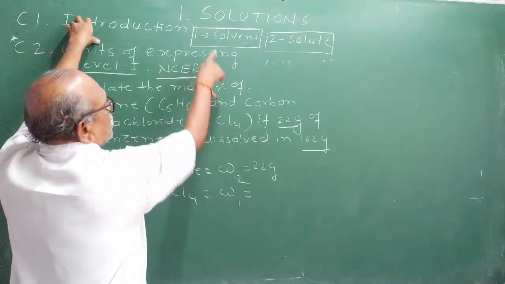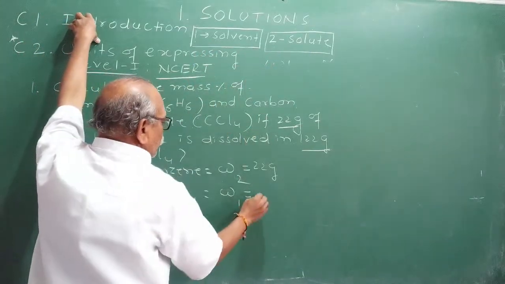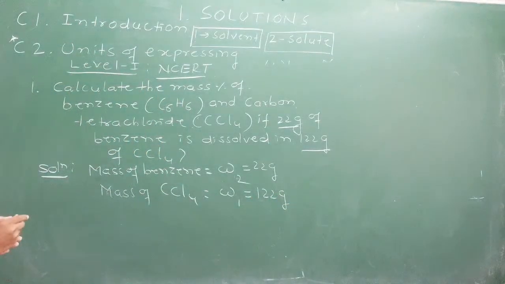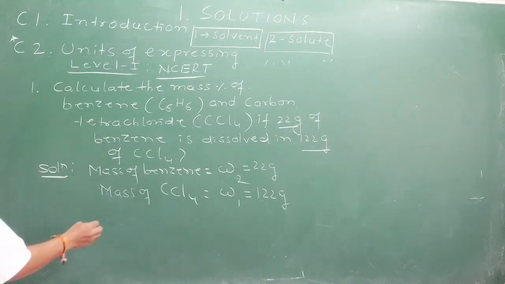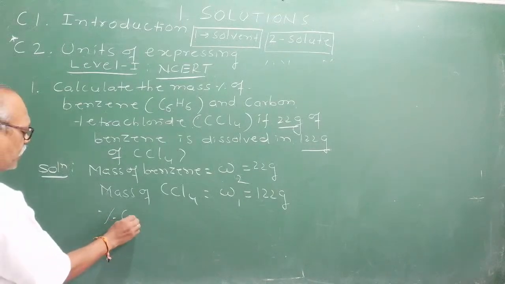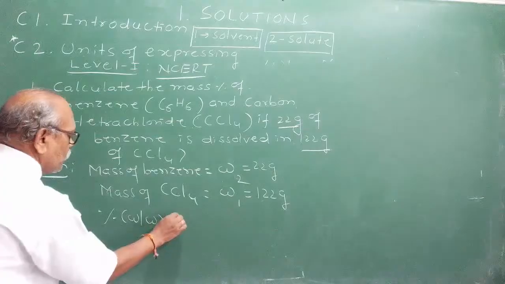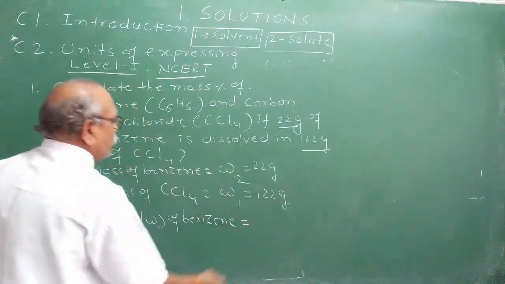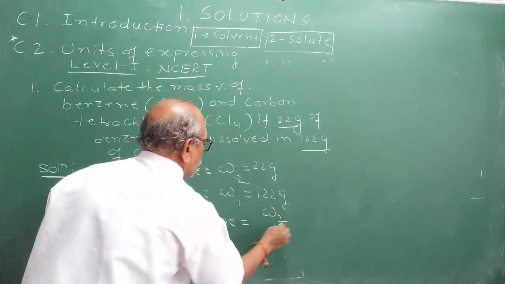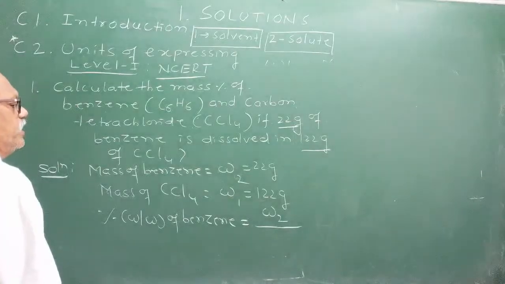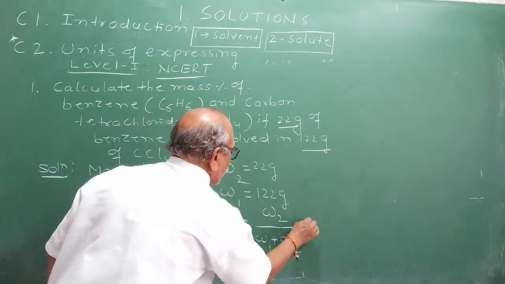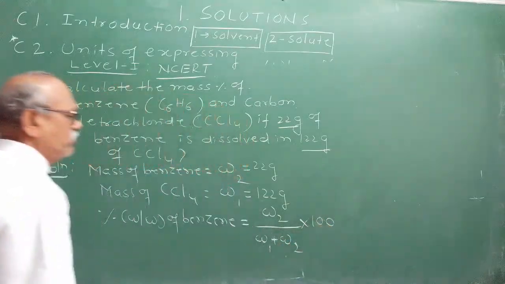Therefore, 1 stands for solvent, 2 stands for solute, so that your calculation becomes easier. Okay, no problem. Now, what is the formula to calculate mass percentage, mass by mass percentage? Percentage by mass of benzene is mass of the solute W2 divided by total mass of the solution, that is W1 plus W2, into 100.